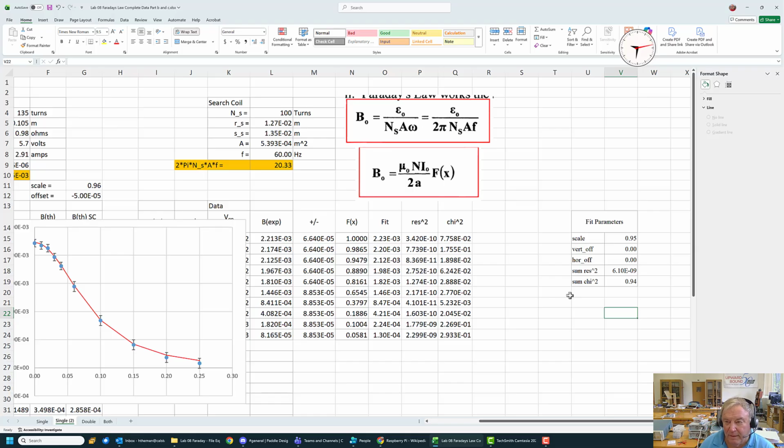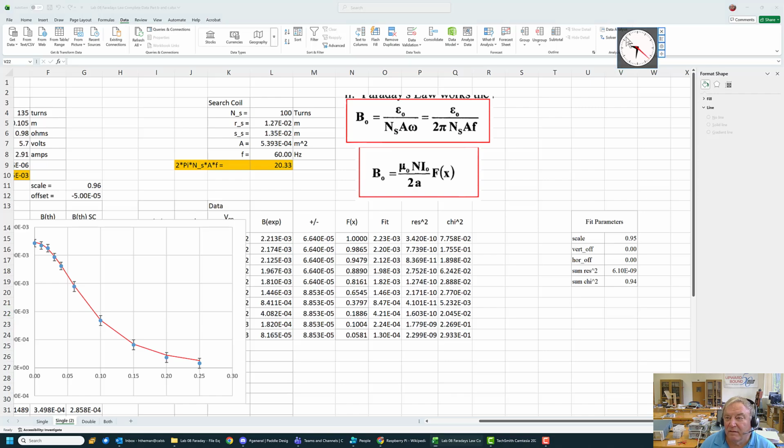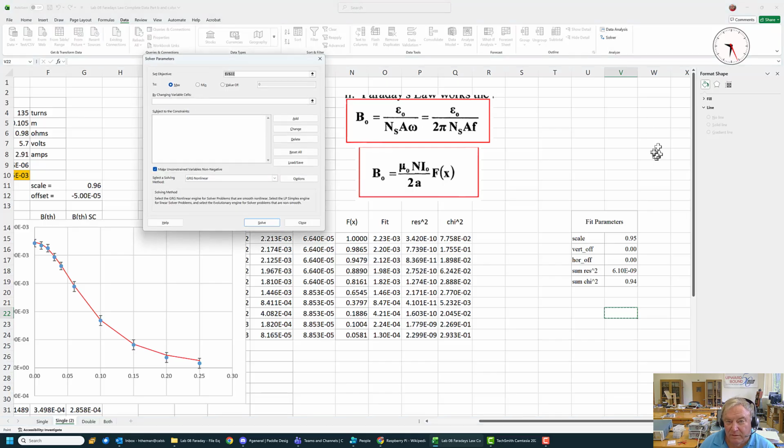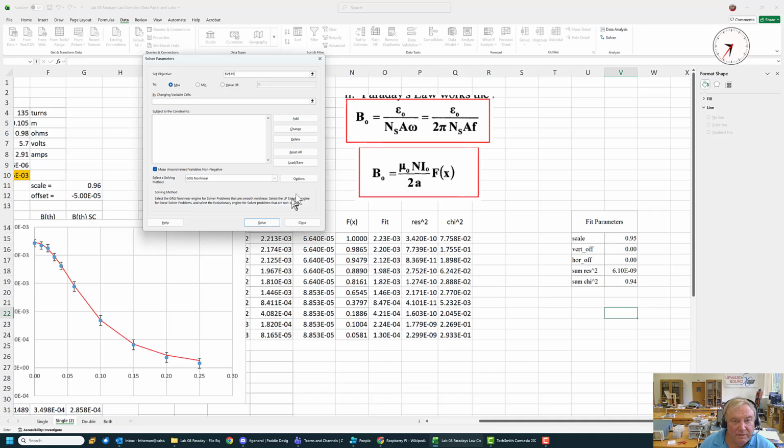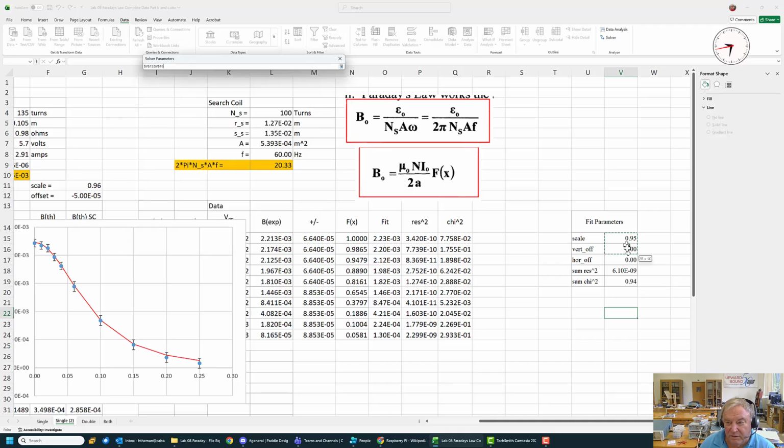It's pretty dim. Okay, so let's see what the solver does for us. This is sort of different fit than we've done before. And so we want to minimize the sum of the chi-squares. And we don't want to limit them just yet by changing these 3 parameters.